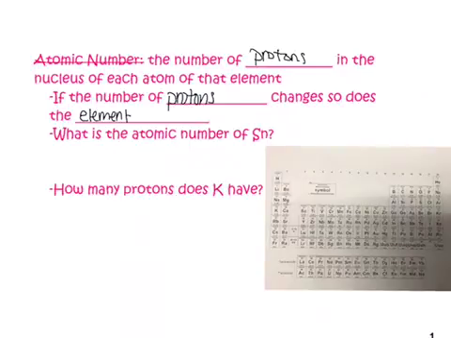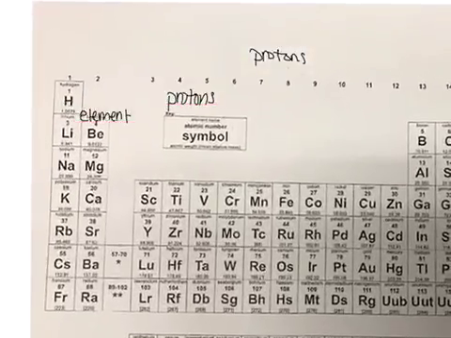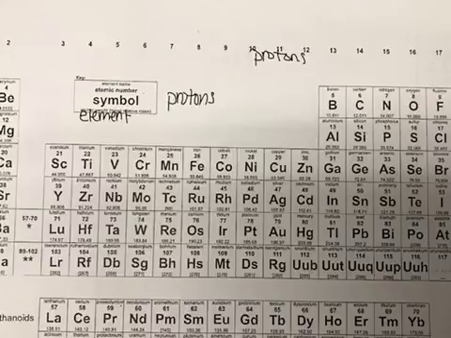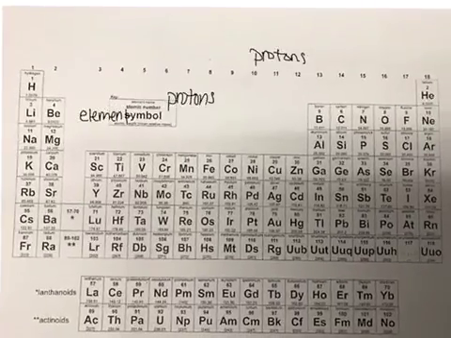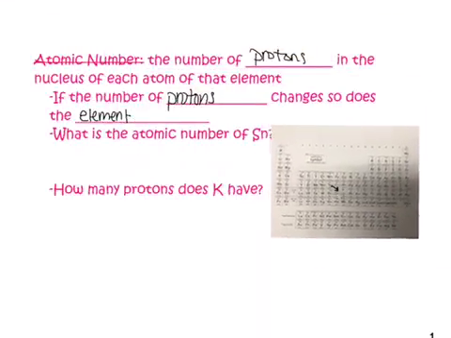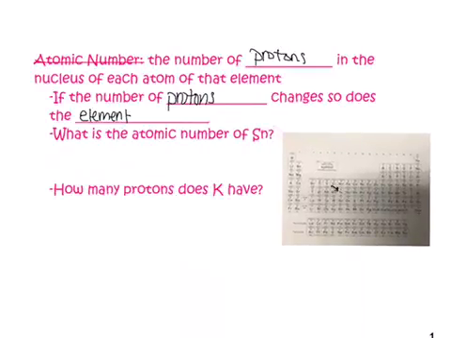So if we look at the periodic table and we look for tin, we can see that the atomic number here is 50. So the atomic number of tin is 50, which means that tin has 50 protons.